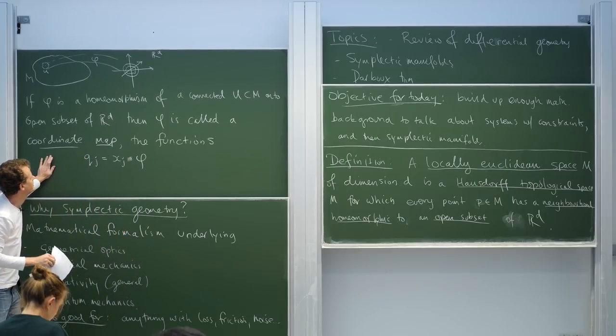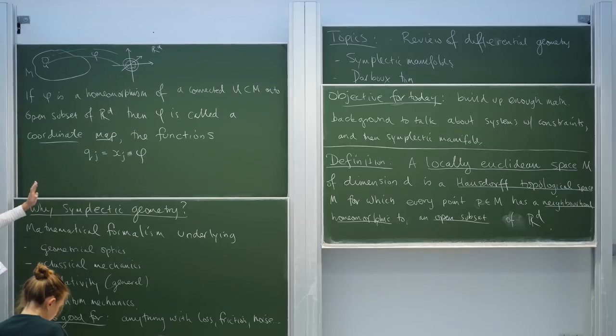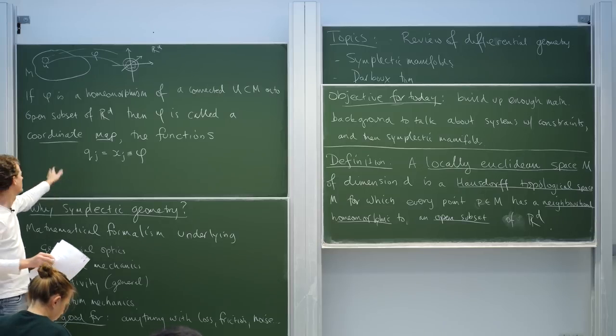And this map is pretty cool because it gives us some functions on our locally Euclidean space. And those functions are what we would call the coordinates.